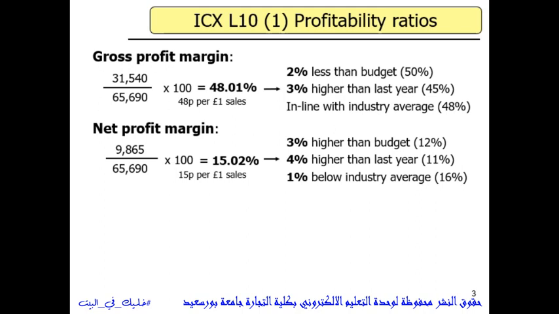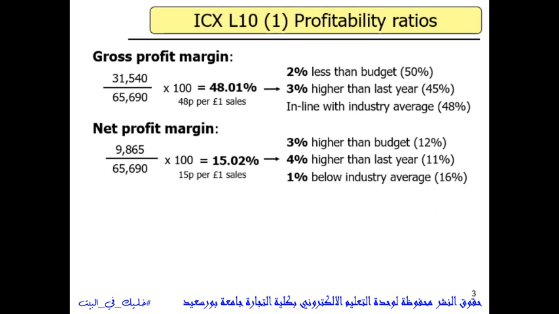In the previous year, the gross profit was equal to 45%, and this year we achieved 48%, which means we are higher than last year by 3%. And we are equal to the industry, because the industry gross profit was equal to 48%, and now we are equal to 48%.